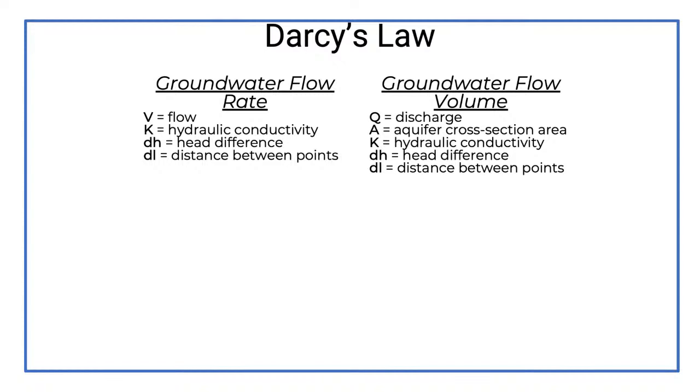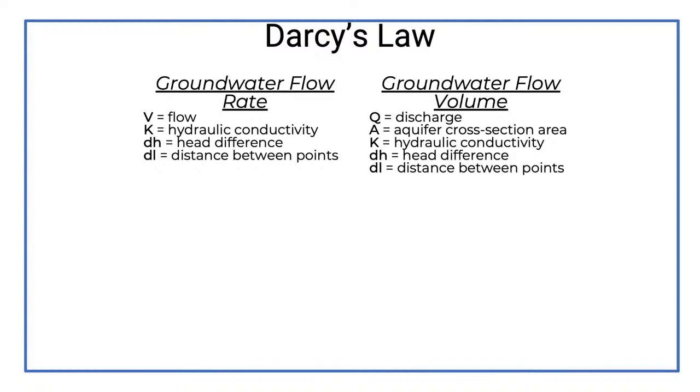If we want to look at the volume, now we're looking at how much water is flowing out. So that's Q, that's what we're calculating here. We multiply the aquifer cross-section area by the hydraulic conductivity times the head difference divided by the distance between the points to give us our gradient, and that'll give us the flow through there.